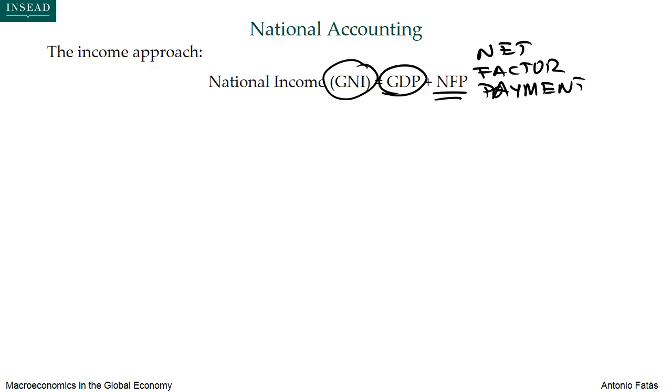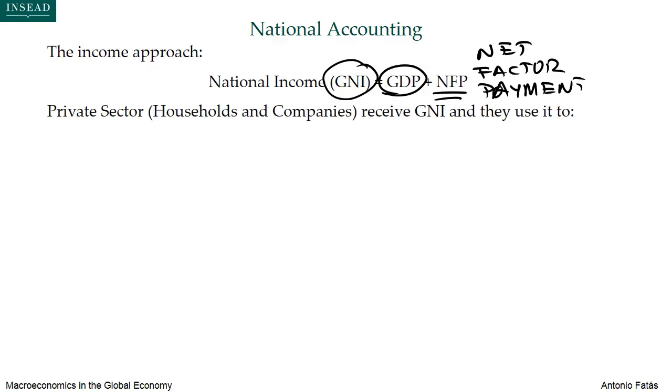Now, the national income of a country will go to our citizens, to our households, to the private sector, and they will use it for different purposes. Some of it will go to pay taxes. Some of it will go to buy goods and services.